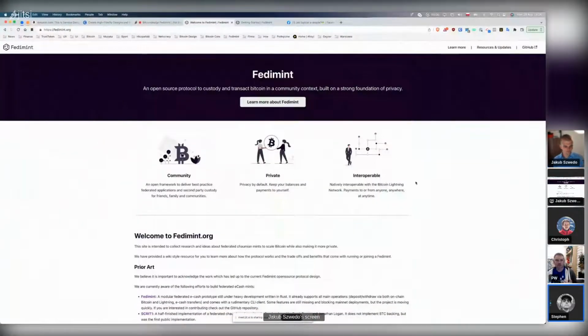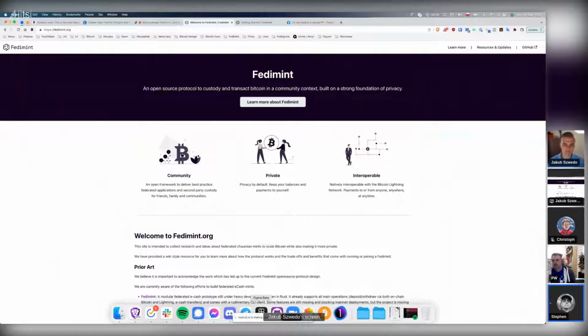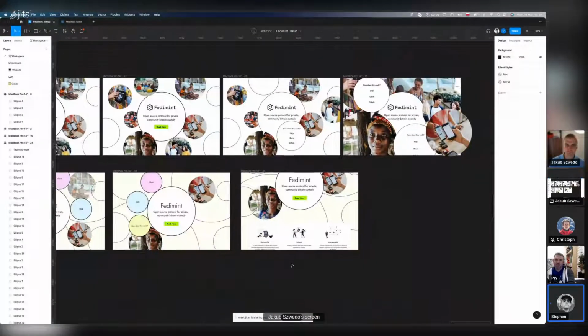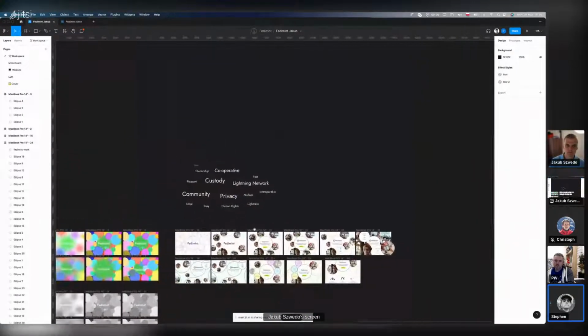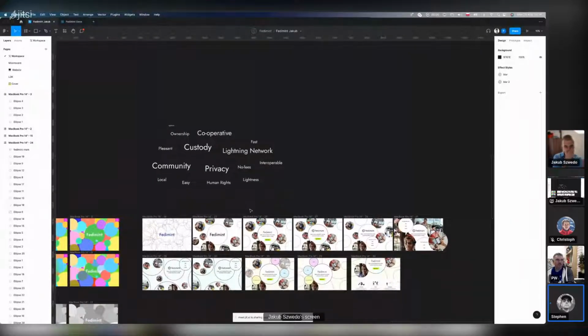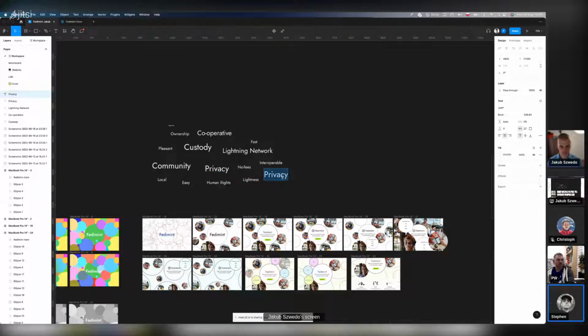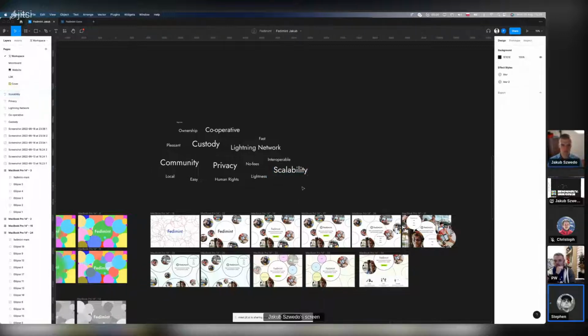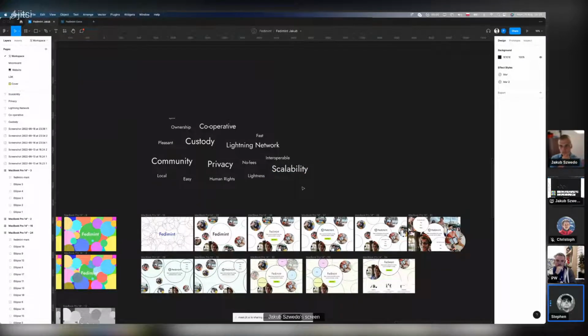Yeah, it's really awesome to see all this work, Jacob. I think you mentioned that people seemed drawn to the peaceful community kind of imagery, and that makes a lot of sense. A lot of times when people talk about Fedimint, they're talking about deploying it to the global south, and when we're talking about technology, it makes sense to keep in mind the kinds of people we're going to build it for.